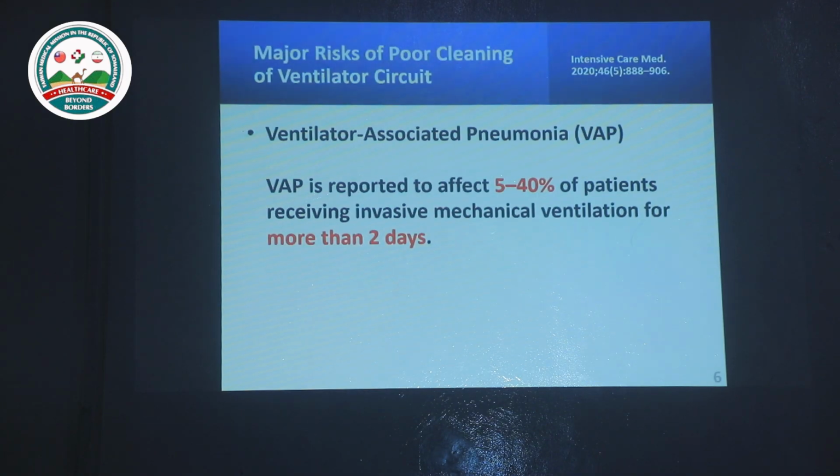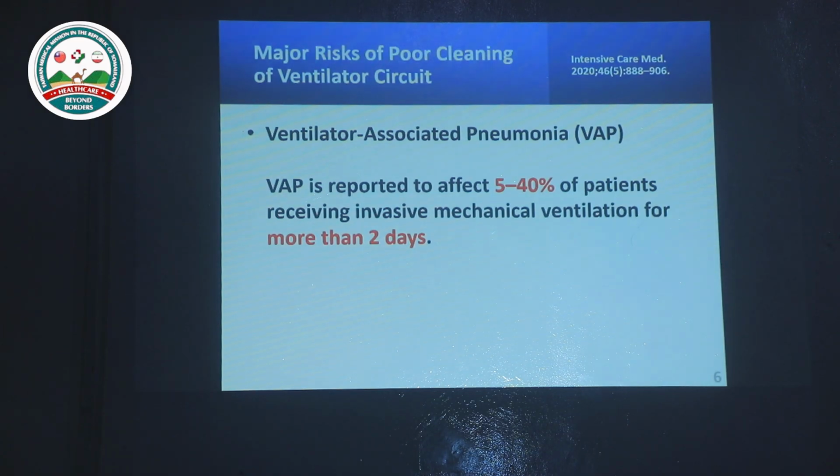Another thing is that if we clean the ventilator circuit poorly, the major risk is ventilator-associated pneumonia, or VAP. Depending on different epidemiological data, VAP is reported to affect 5 to 40% of patients. It's a wide range because it depends on the country, the hospital, and the ethnicity of the patients.